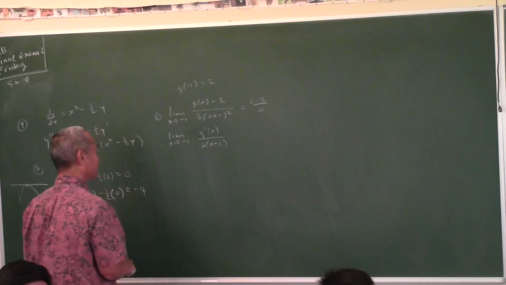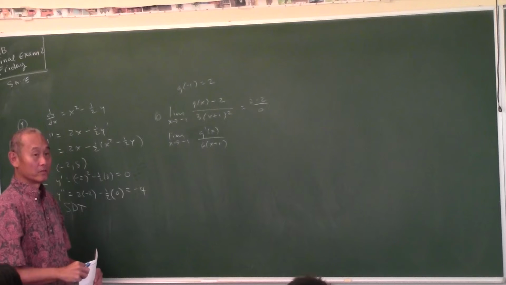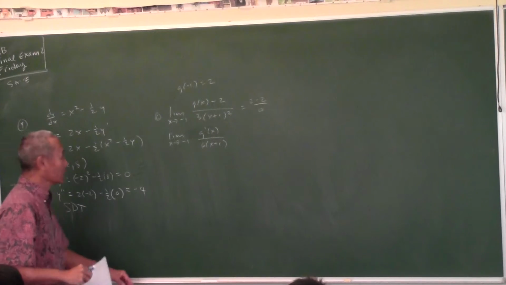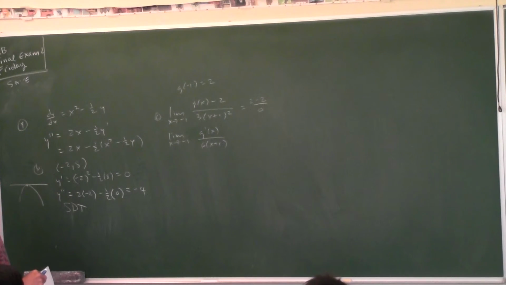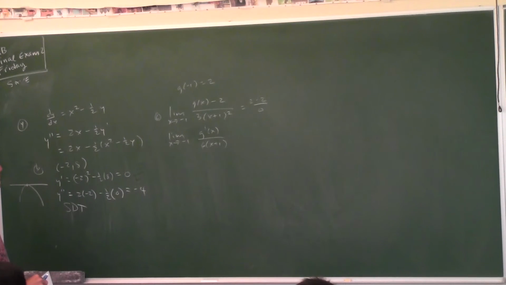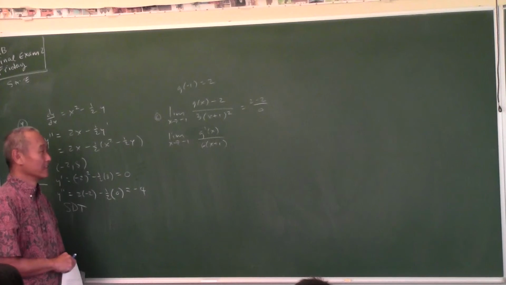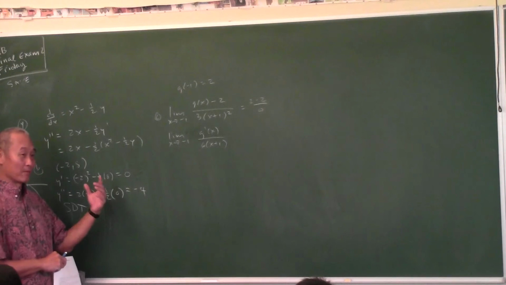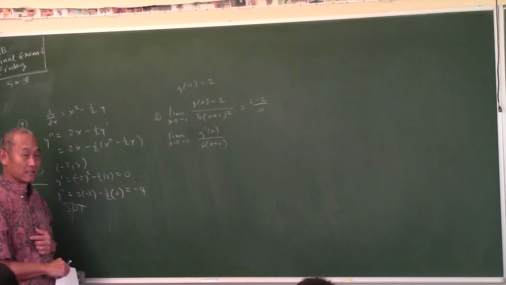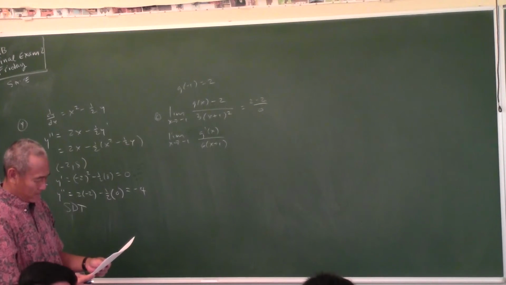Some students put the 2 in the numerator because of the square, as if taking the entire derivative, but the 3 is in the numerator. The problem was that 2 times 3 is 6.